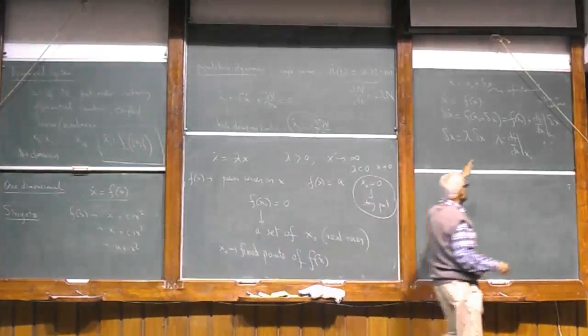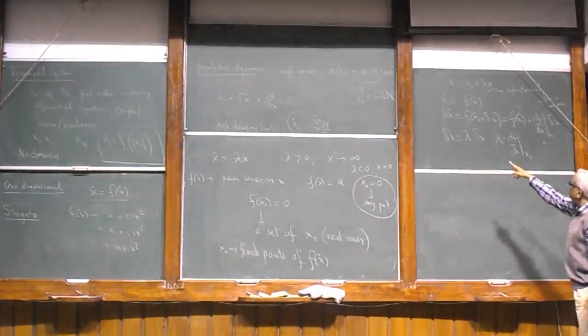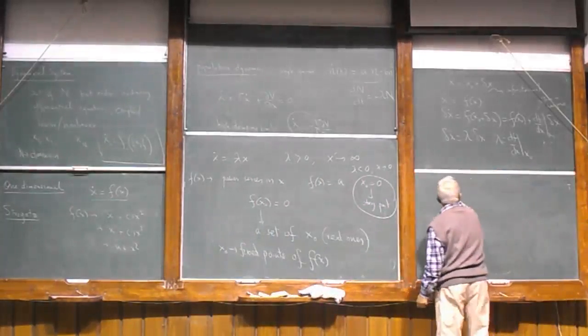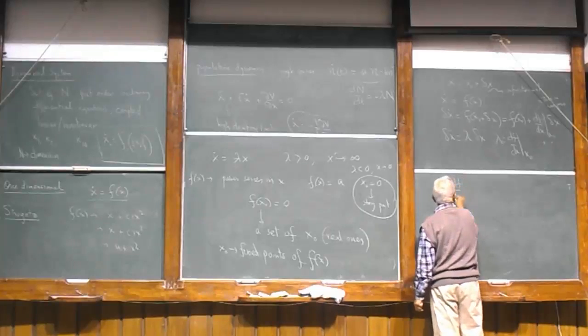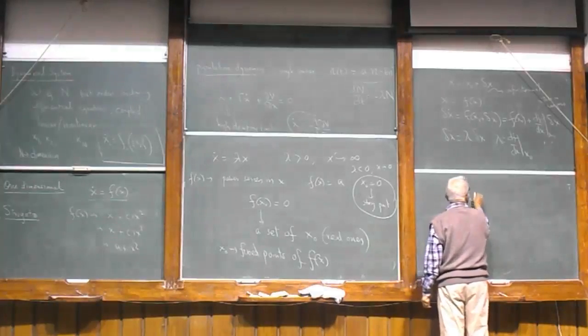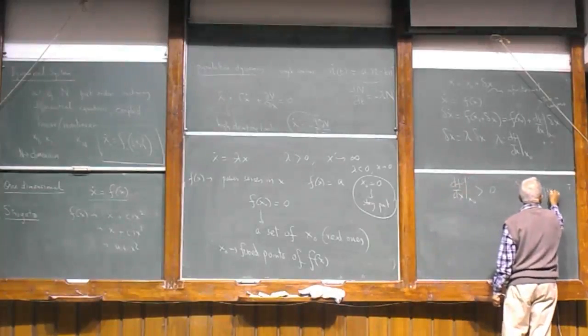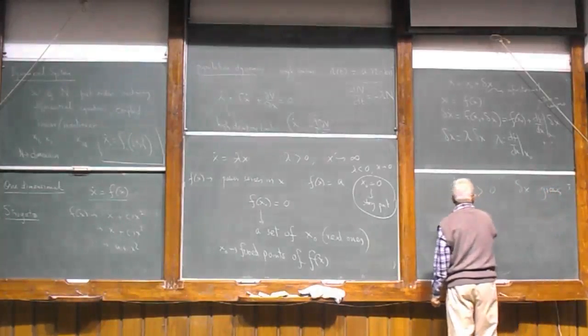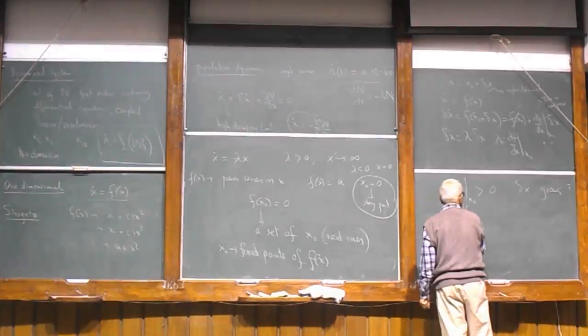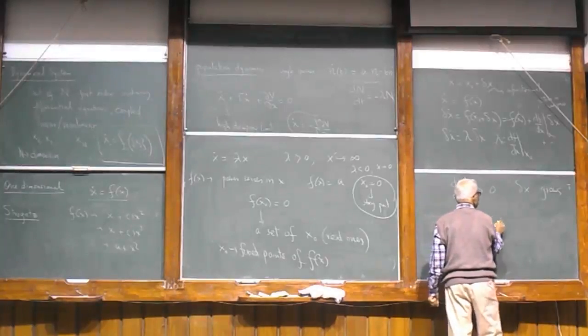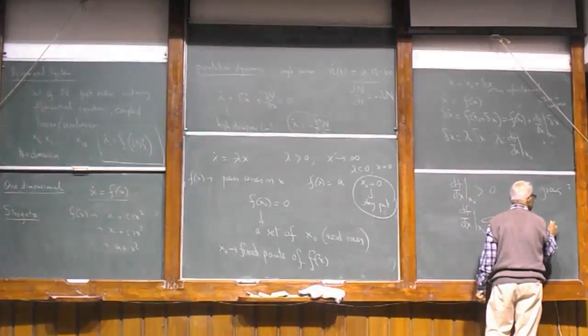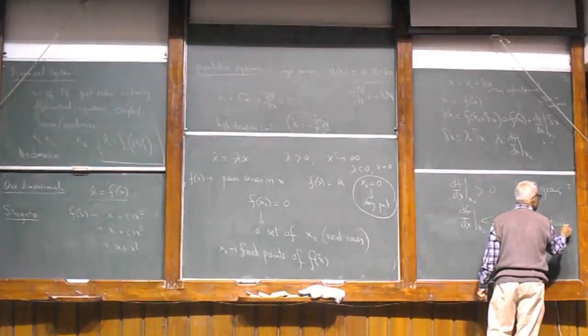So if df dx at x naught is greater than 0, delta x grows, and if df dx at x naught is less than 0, delta x decreases.